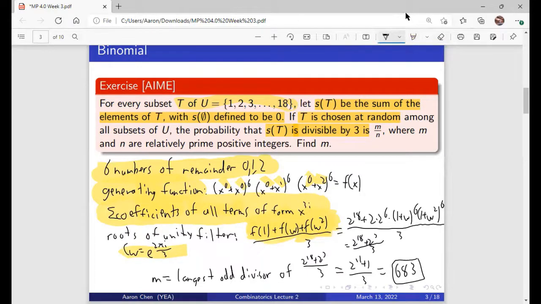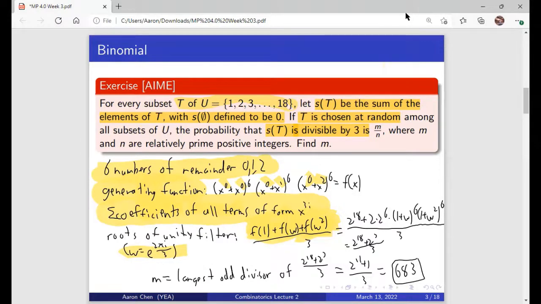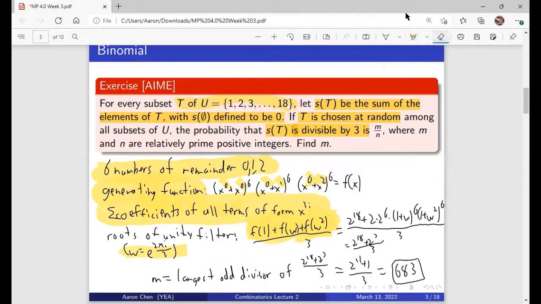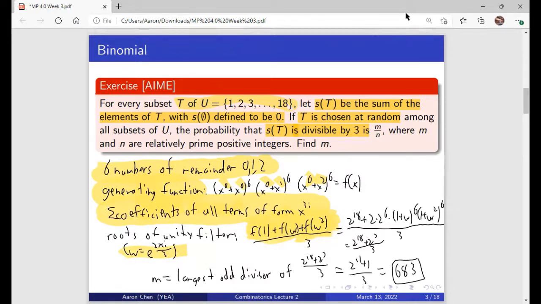This works because when you expand everything out, the only things left are of the form x to the 3i. You need to divide by 3 because each of the coefficients is counted 3 times. From here, you just plug in 1, omega and omega squared, and this is what you get.